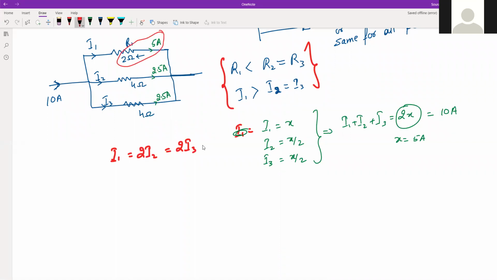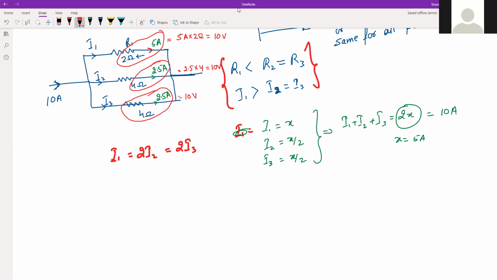That is the current flowing through the resistor times its resistance: 5 ampere into 2 ohms, which is 10 volts. Now see here, if you multiply 2.5 into 4, that is also 10 volts. Here also you have 10 volts. So it should be clear how the current is divided.